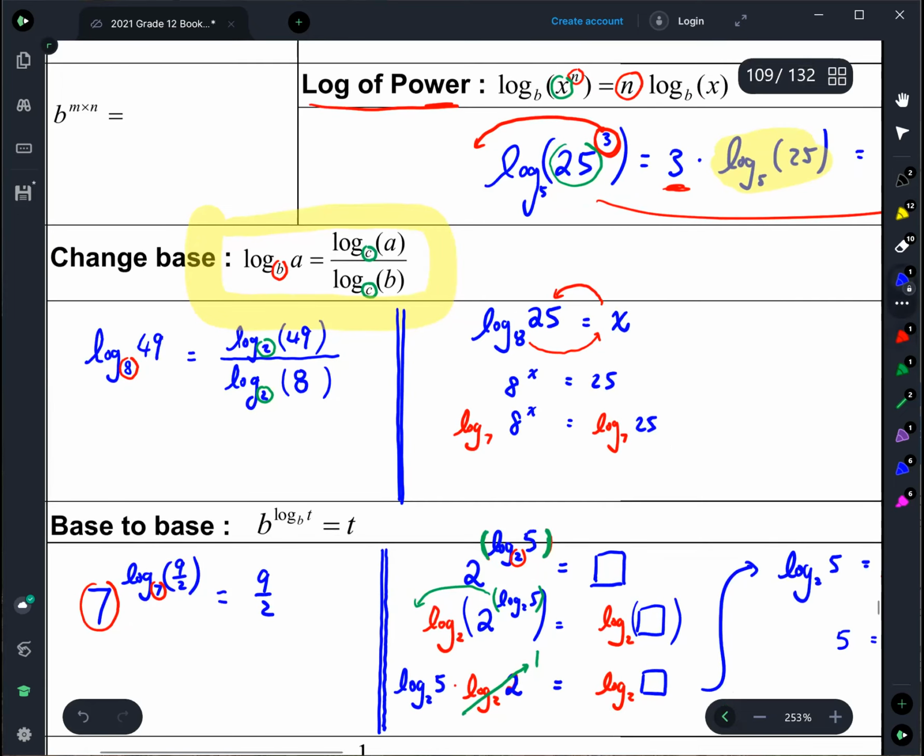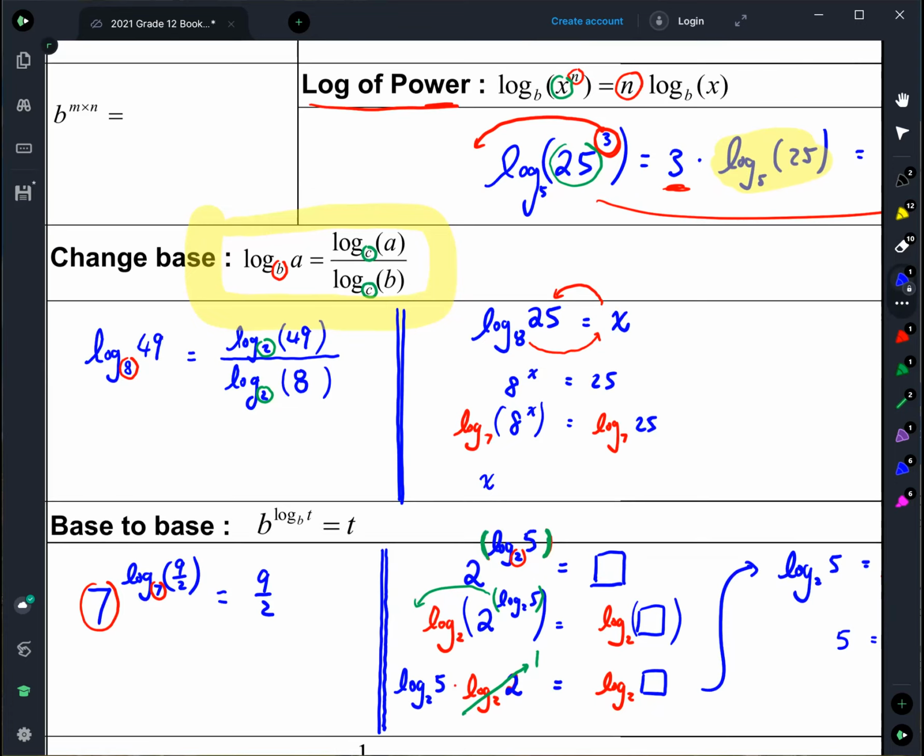Once I do that, then the left side, because it has an exponent, I can bring the exponent down to the front. Hey, Jason, I have a question. Why did you choose log 7? Can we just choose random? Yeah, random, we can choose anything. Just like the last question, we chose log 2.